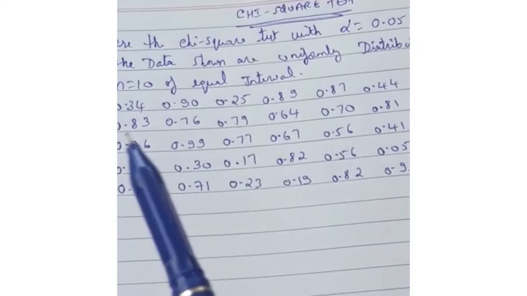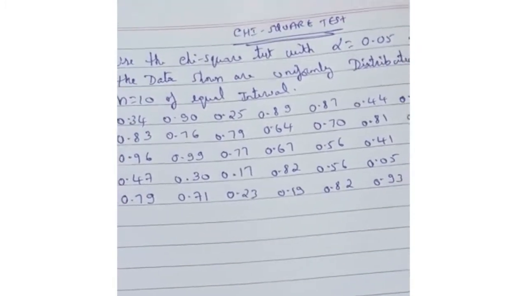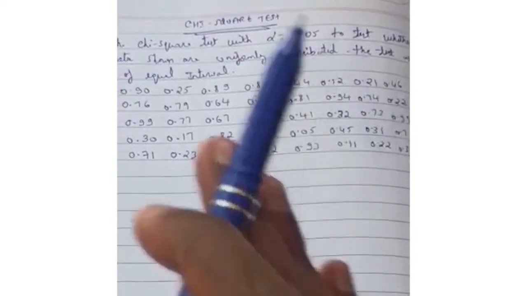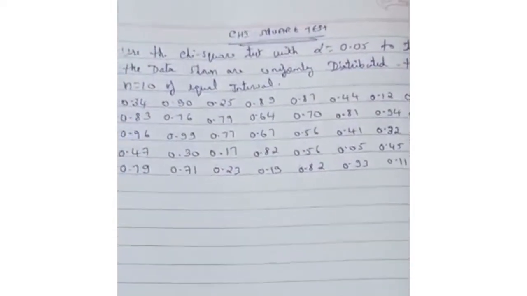The maximum probability value is always 1 and the lowest probability value is always 0. So let's divide the intervals for n equal to 10. I'll start here.